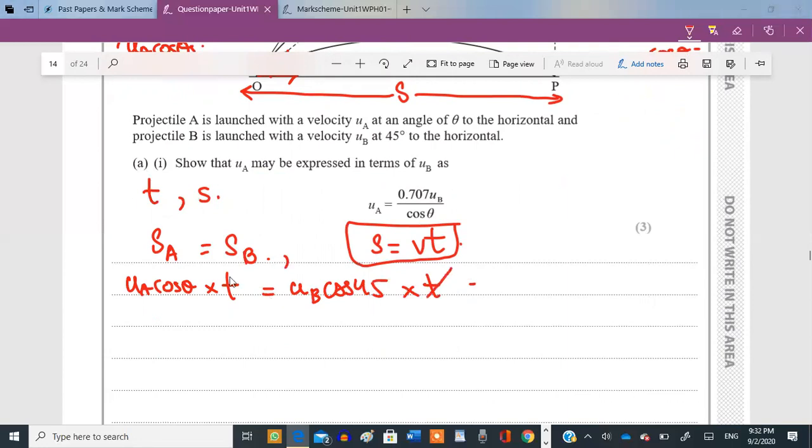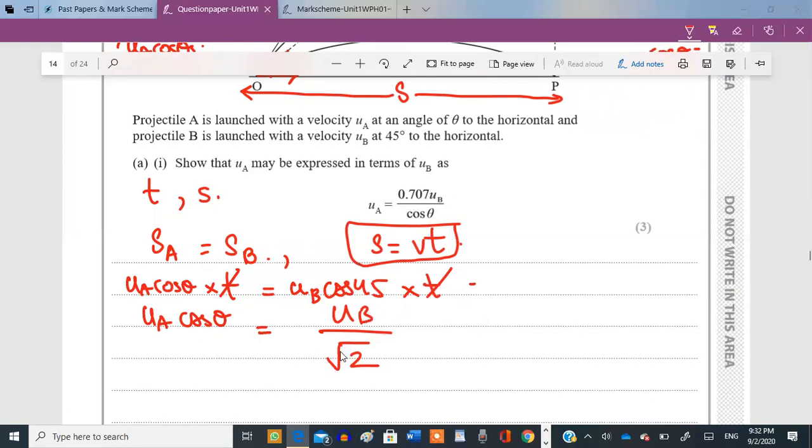Okay, the two times are the same, so cross them out. Cos of 45, if you calculate it, turns out to be 1 upon under root 2. This is UB upon under root 2 equals UA cos of theta. 1 upon under root 2 actually has a value of 0.707.